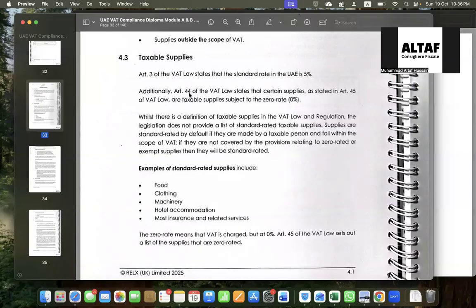Under Articles 44 and 45 of the VAT law, certain supplies are taxable supplies subject to zero rate, 0%. In summary, taxable supplies are of two types: standard rated supplies, which are taxed at the rate of 5%, and zero rated supplies, which are taxed at the rate of 0%.